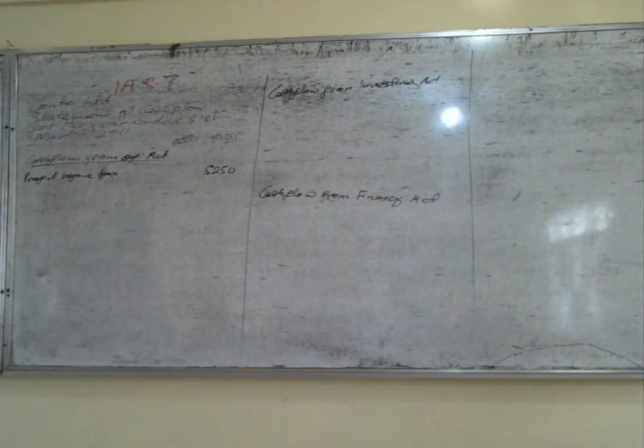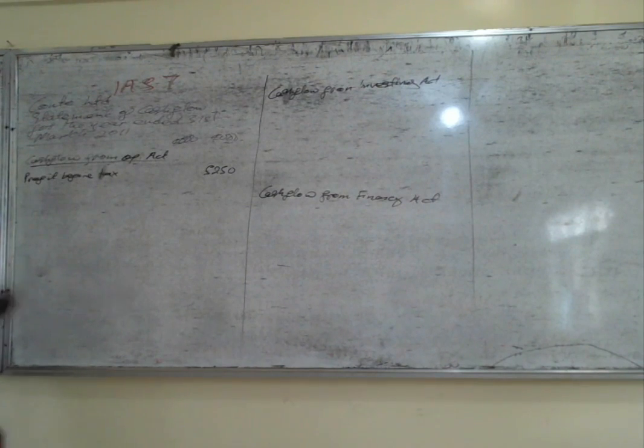5250. Then you say that we adjust for non-cash transactions. So you go back a little on the income statement. So the next thing is what? Go back up from the figure that you have written. The next is finance cost.